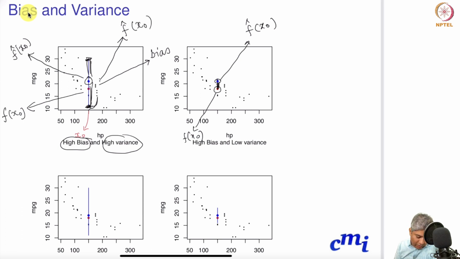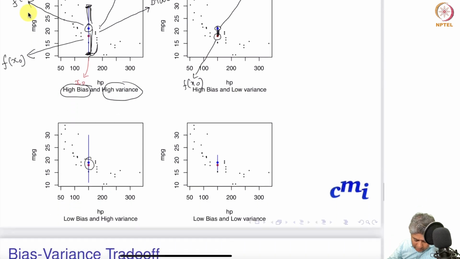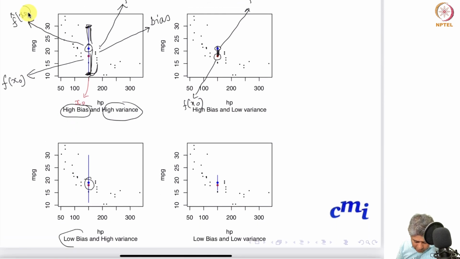Now here bias is almost null, a low bias situation, but very high variability. My confidence in my prediction is very low, since the possible prediction could be anywhere in this region. Whereas this is the low variance, low bias situation.